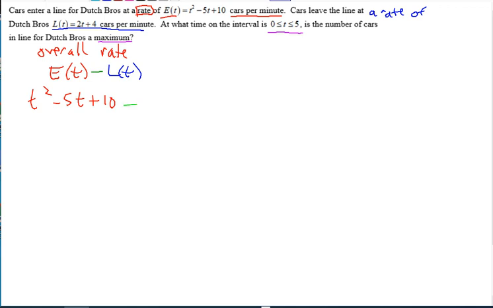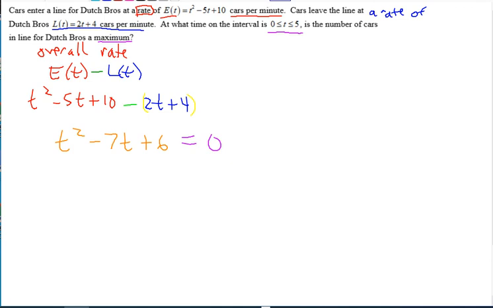Minus L of t, 2t plus 4, but notice you're subtracting the whole thing, so you need parentheses there. So if we simplify that, that would be t squared. Then we have negative 5t, and this is negative 2t, gives you negative 7t. And then 10 minus 4 gives you positive 6. So that's our overall rate there, and that's what you would set equal to 0.